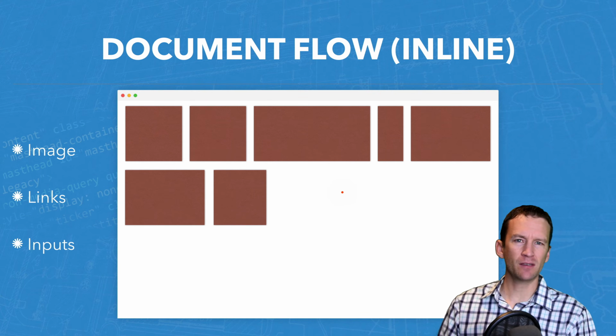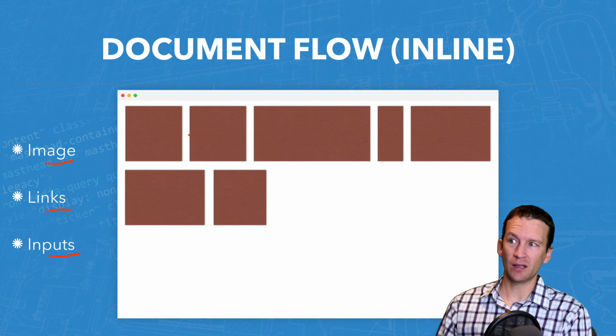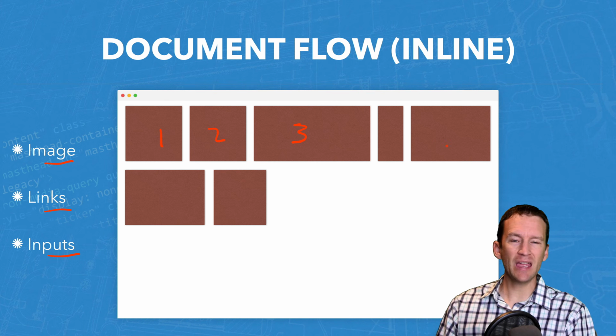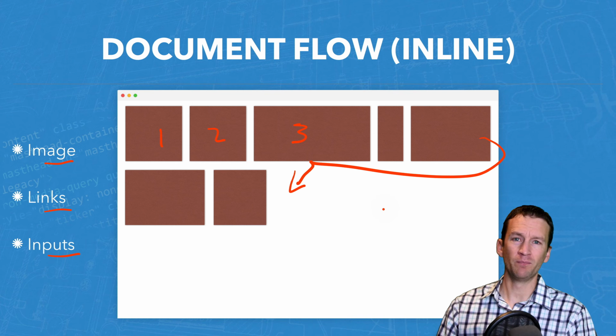Now the next set of tags is called inline tags. Inline tags are things like images, links, inputs, and inline tags are the opposite of block. They go, like 1, 2, 3, they all follow in the same horizontal line. And if there's not enough room, they simply wrap down here to the next line and continue going. So that's the way inline elements work.